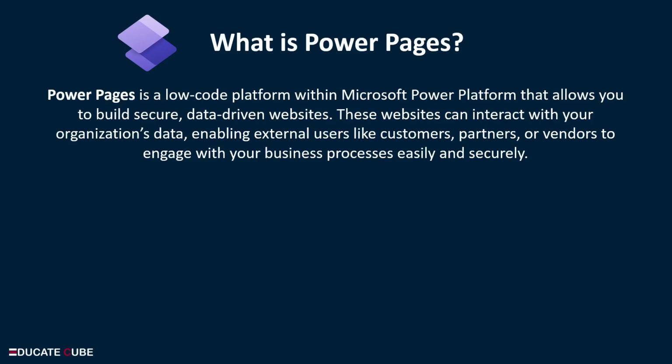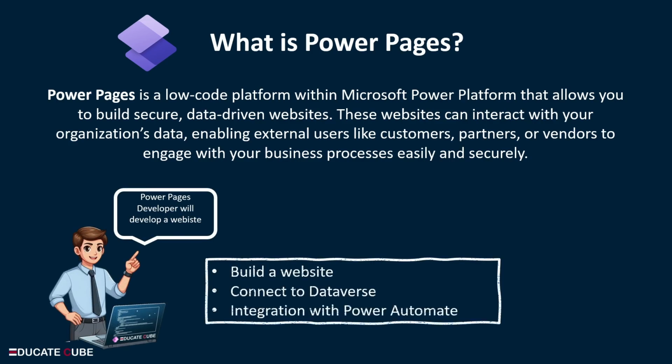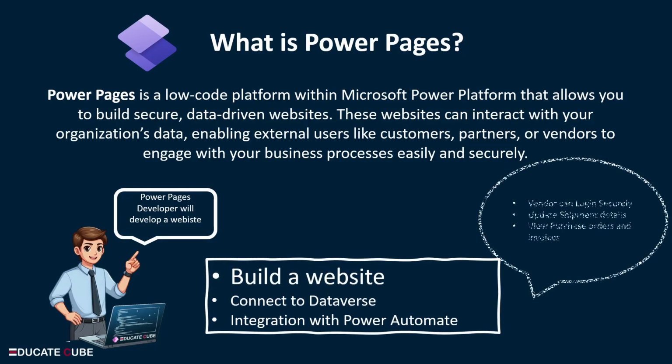Instead of contacting the manager via calls or emails, vendors can access this information through a self-service website. Power Pages developer will create a website where vendors can log in securely, access inventory data relevant to them, update shipment details or expected delivery dates, view purchase orders and invoices.